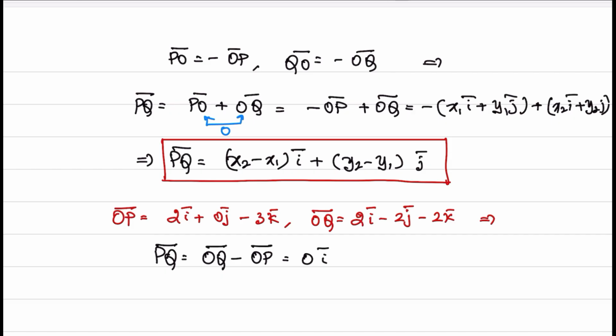And minus 2 plus 0 is minus 2j. Minus 2k minus of minus 3k is k. This is PQ. What is QP? QP is the negative of this one: 2j minus k bar.